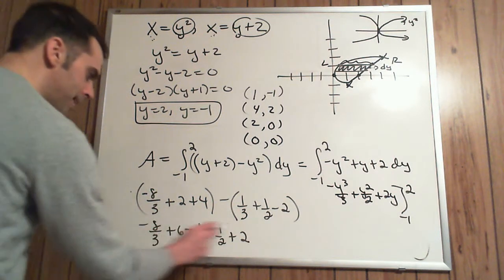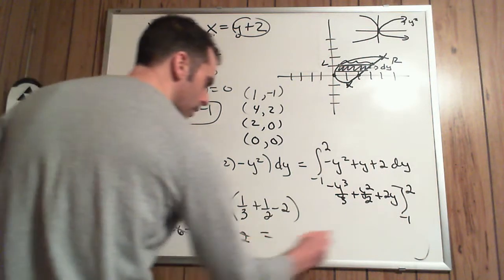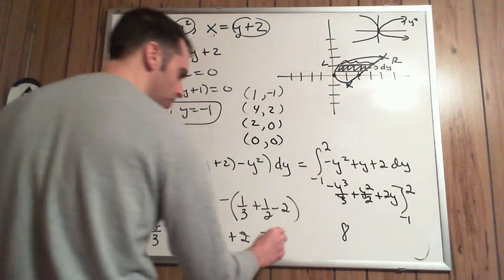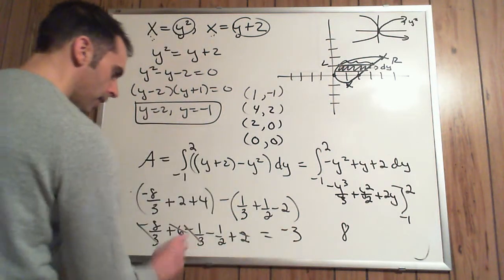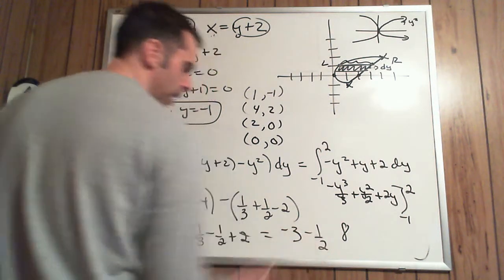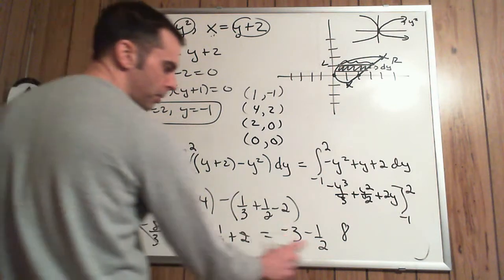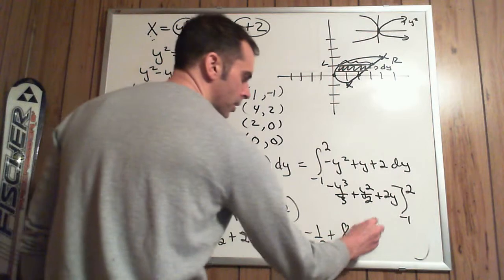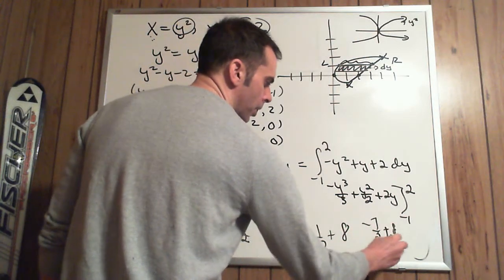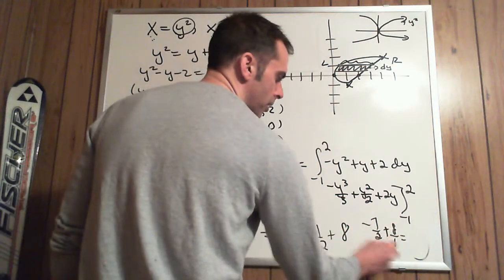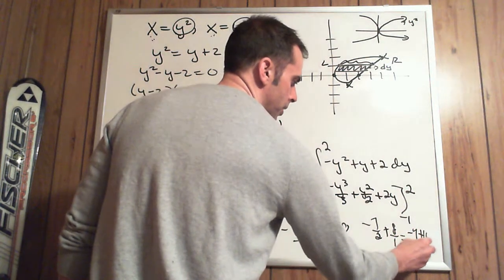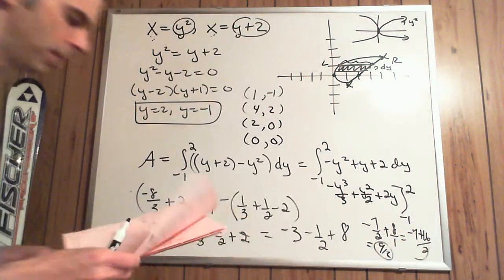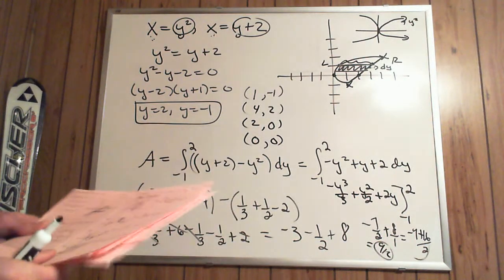And then this here will give me 8. Negative 8/3 and negative 1/3 is negative 9/3, or negative 3, minus 1/2. And this here will give me negative 3 times 2 is negative 6, minus 1 is negative 7/2, plus 8 will give me negative 7 plus 16 over 2, which is 9 halves. So that comes out to be 9 halves.